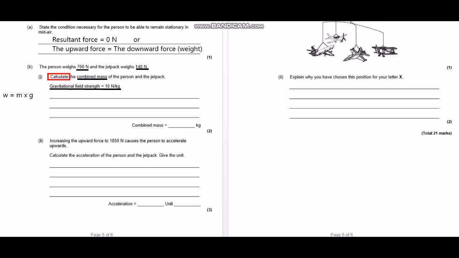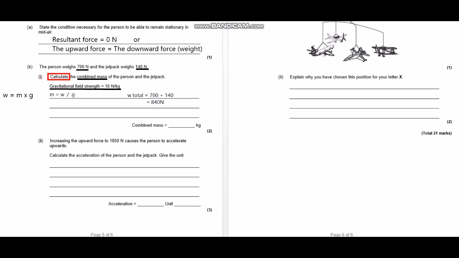So we have the equation weight is equal to mass times gravity. But in this question we've been asked to calculate the combined mass, so we have to rearrange that equation. Mass is equal to weight divided by the gravitational field strength. We actually need to combine the weights together.